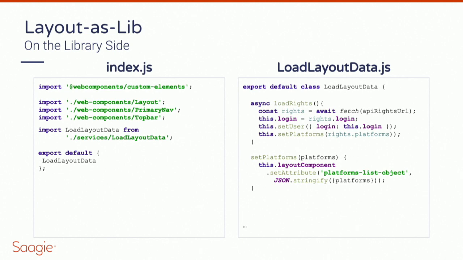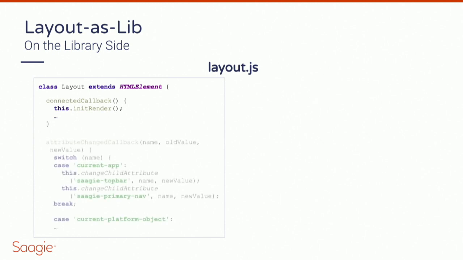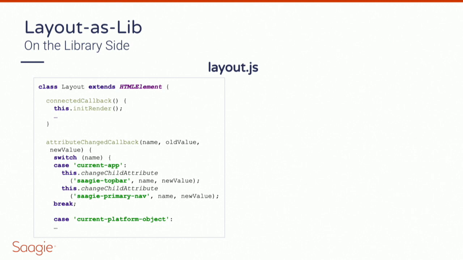And as we've seen previously, you should know now what's called when the set attribute method is called. So in the layout class, the top level component, which is a web component, this call is going to trigger the attributeChangedCallback method.